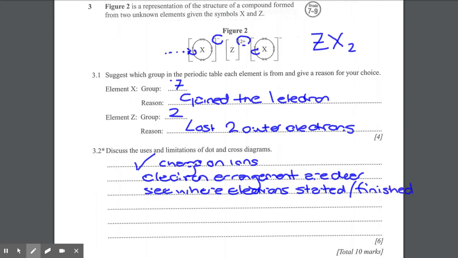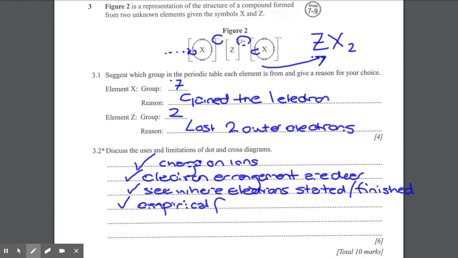And it gives you some structural ideas, and you can work out which groups certain things must have been in. And also, as we started to allude at the beginning, it's also very good because it gives you empirical formula information, which is the simplest ratio of elements in a compound.